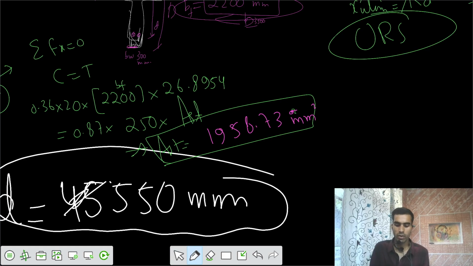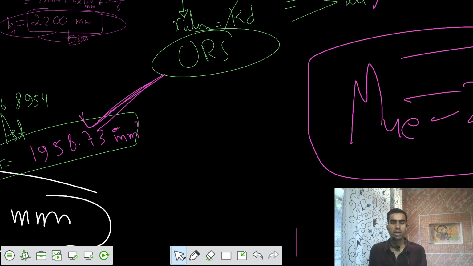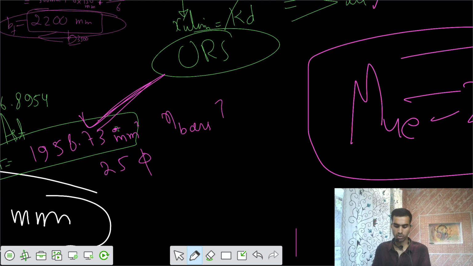What was the earlier value we have? That was 1917. So this one is bigger than that. So let's select this value. So now we have to select the bars. Let's say there are some bars of diameter. Let's select 25. If I select 25 diameter bars, let's try to select 25 bars.